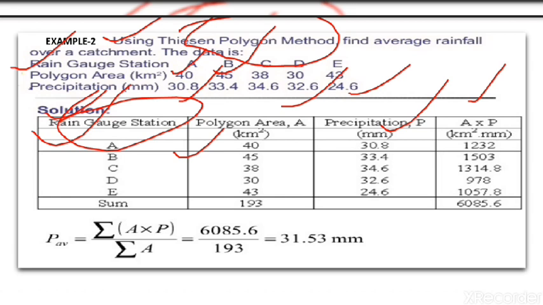It is a very easy example, and this type of example is frequently asked in our semester examination. So in column number 4, I have just multiplied the precipitation value by the corresponding polygon area, that means Ai into Pi: A1 into P1, A2 into P2, A3 into P3, A4 into P4 up to A5 into P5.